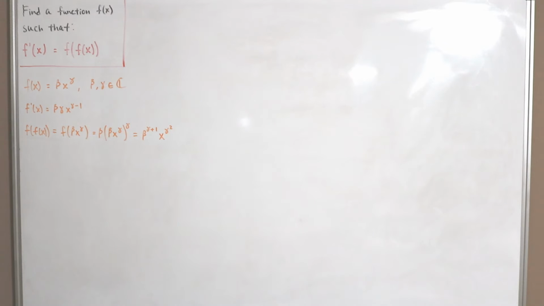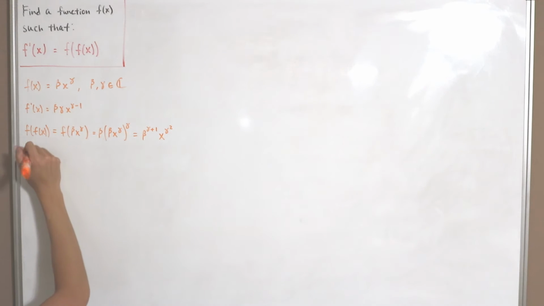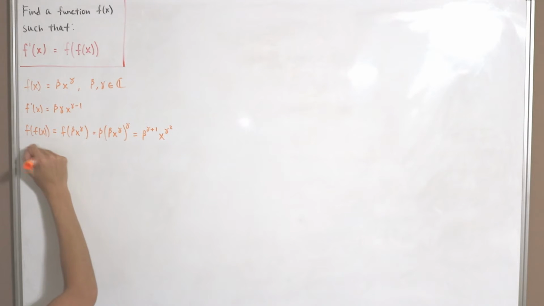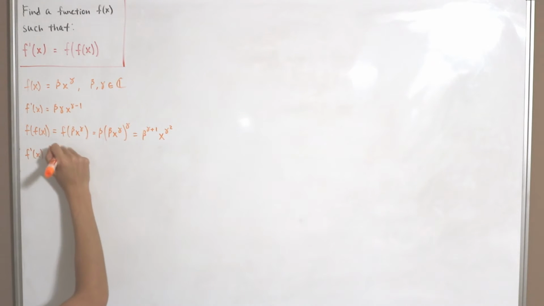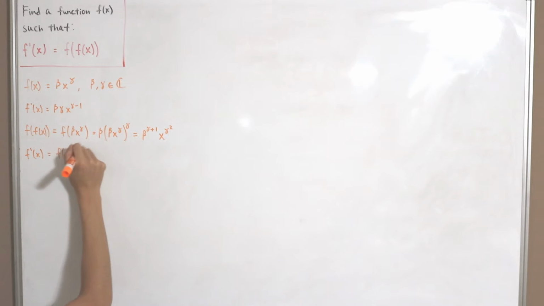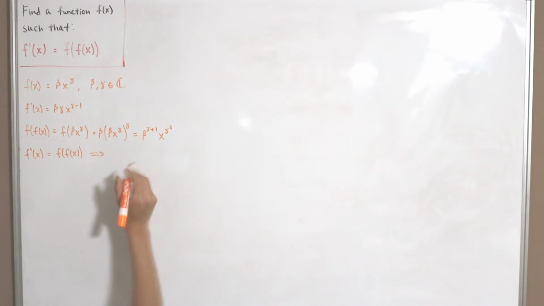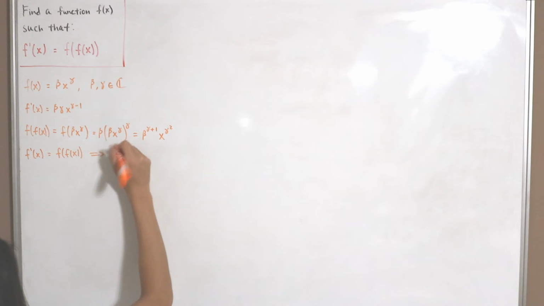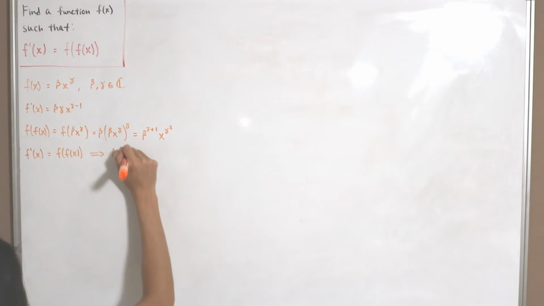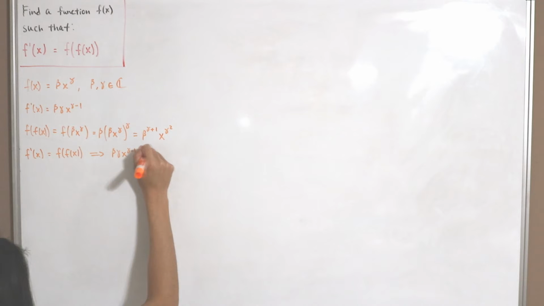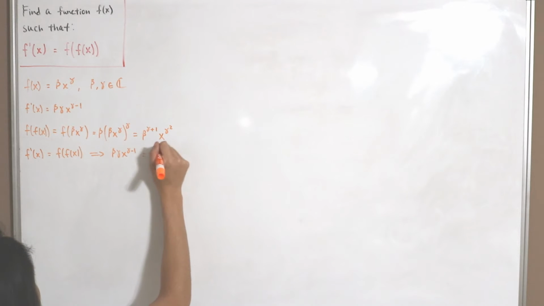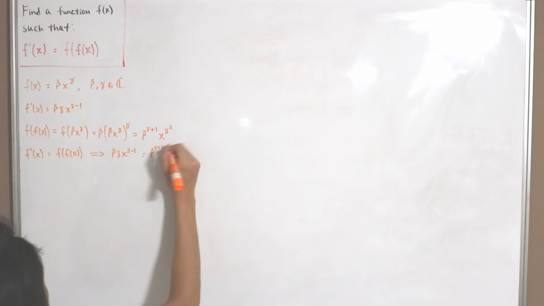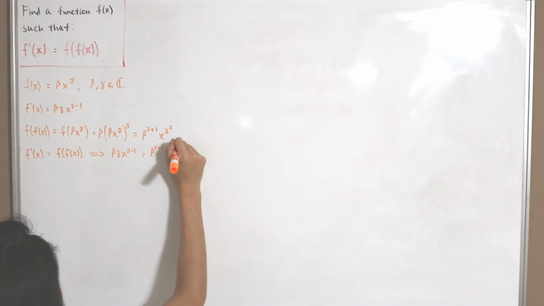Okay, so now how about we set the equations equal to each other. So f prime of x equals f of x. What that gives us is beta gamma x to the gamma minus 1 equals beta to the gamma plus 1 times x to the power gamma squared.